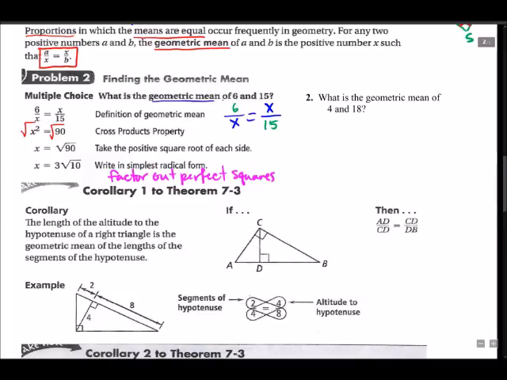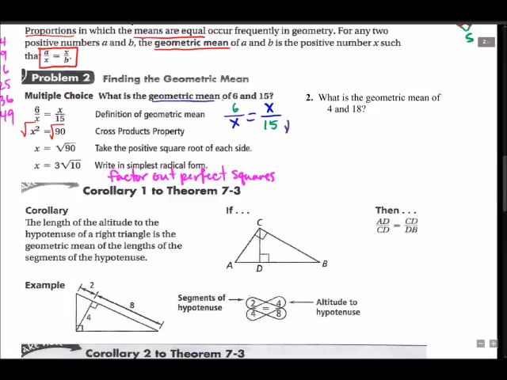And what's a perfect square? 4 is a perfect square. 9, 16, 25, 36, 49, etc. You should know these up to at least 15, if not 20, is your best bet. Because what is the square root of 4? 2. Square root of 9, 3. Square root of 16, 4. And on and on.